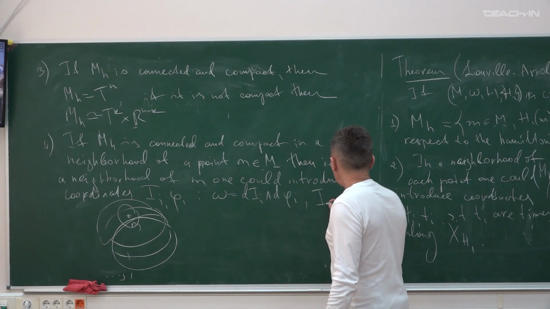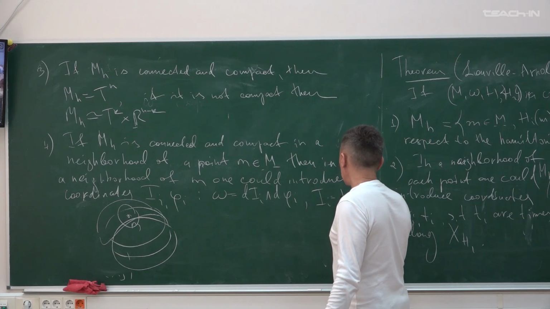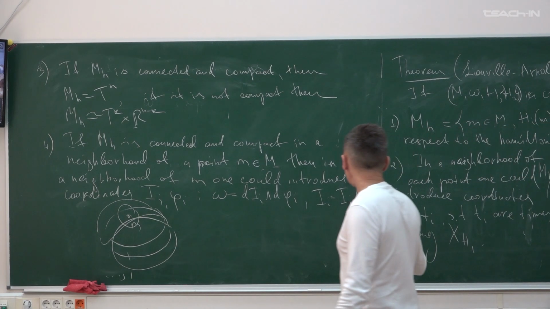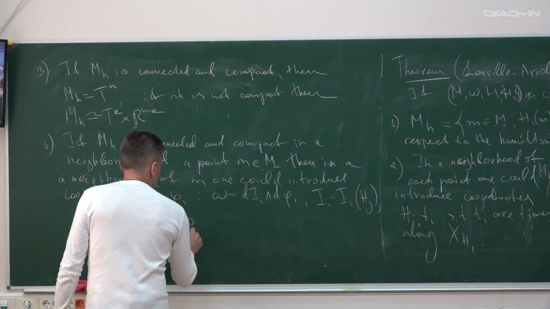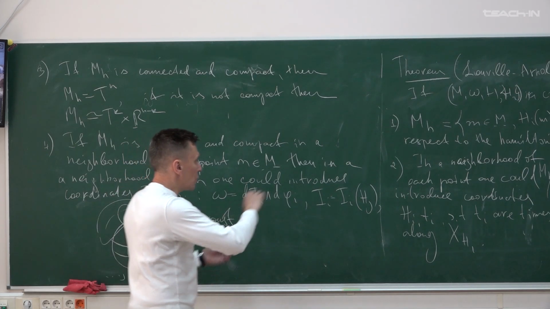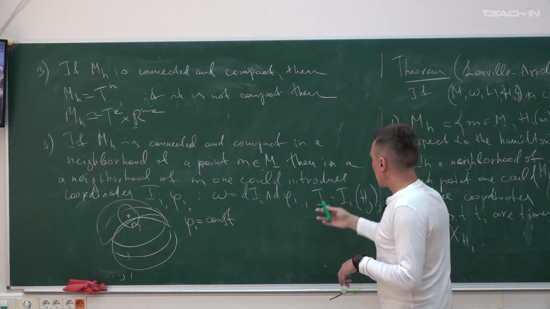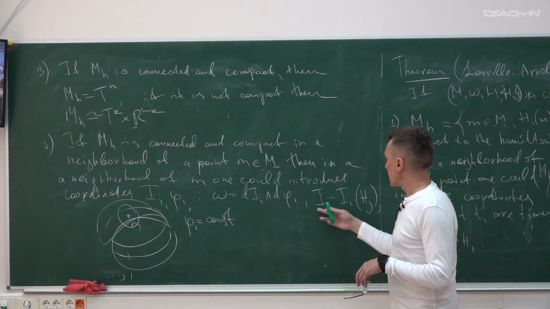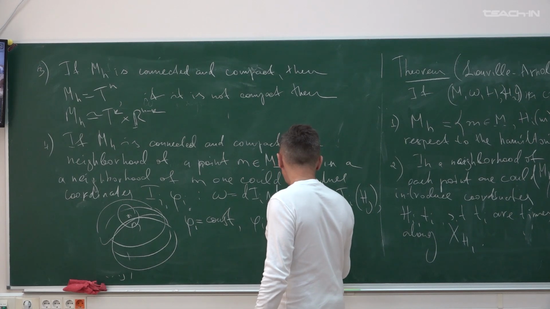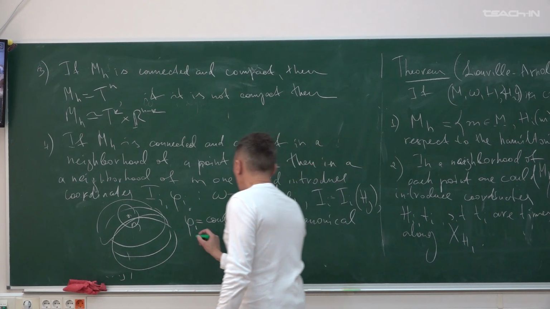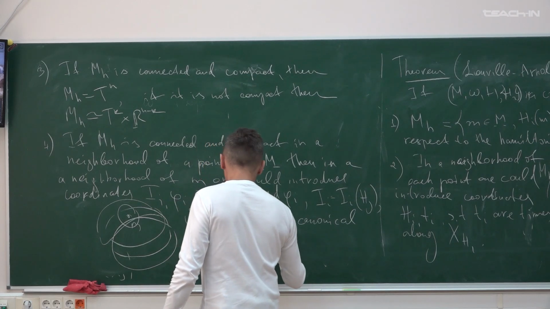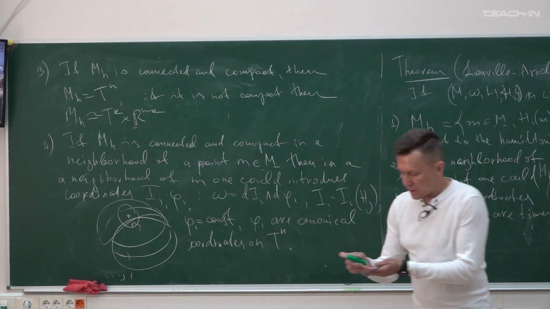The I are just functions of the Hamiltonians, so the integrals, constants for all Hamiltonian fields corresponding to I_i, and phi_i are canonical coordinates on T^n. It means canonical angle variables.